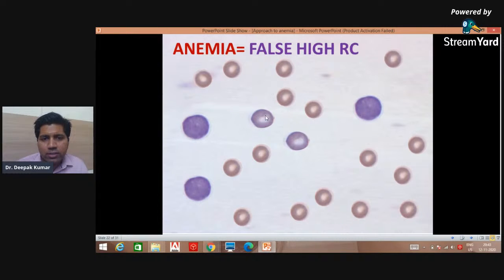So the lifespan of this reticulocyte would be 1 day. But consider the marrow is now hyper responsive, giving more production, and releasing more cells prematurely to compensate for anemia. So this reticulocyte, you see a difference in this. It has started losing the chromatin material more. This has lost more chromatin material than this.